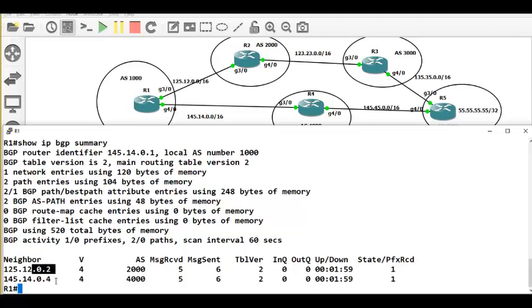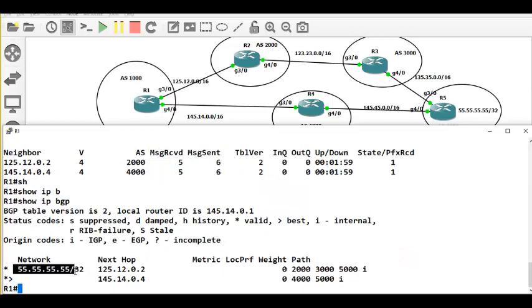Locate it on the topology. Router 1 is learning 55.55.55.55 from two different autonomous systems: router 2 in autonomous system 2000, and router 4 in autonomous system 4000. Show IP BGP. This is that one network.